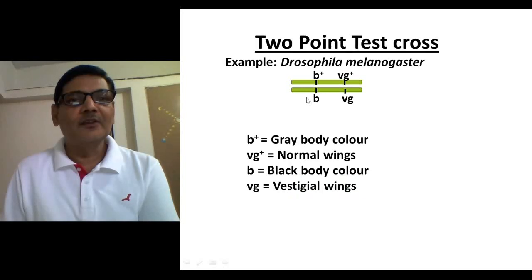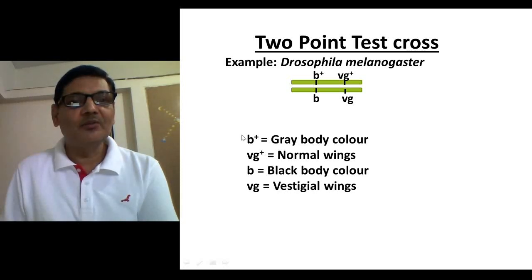Let us consider the first one, that is the 2-point test cross. To study this aspect, we need two types of flies, the wild type flies and mutant flies. Suppose you have wild type flies which in their phenotype are gray bodied and normal winged.